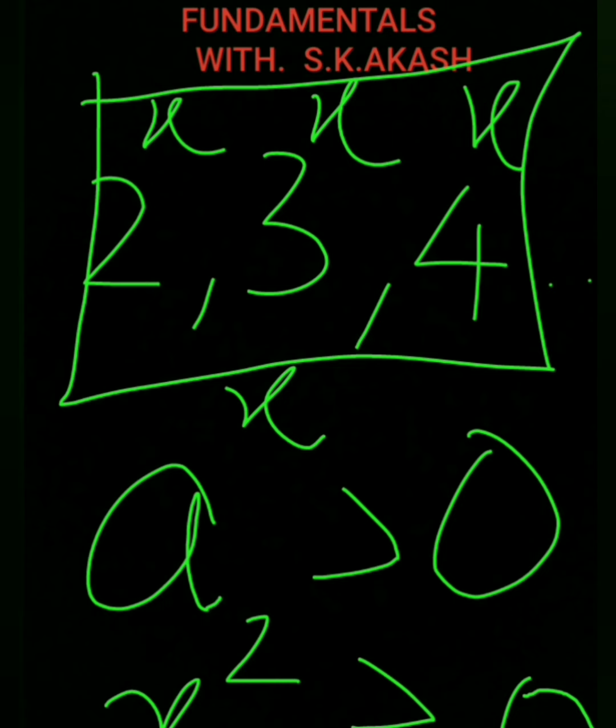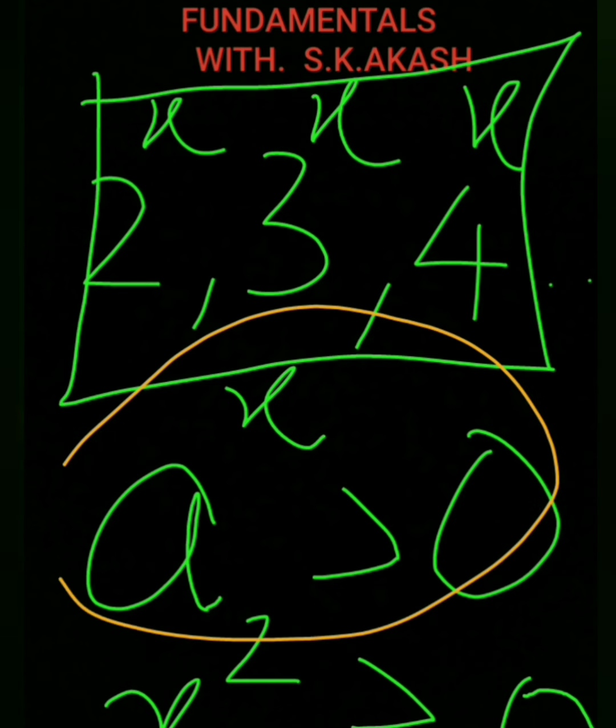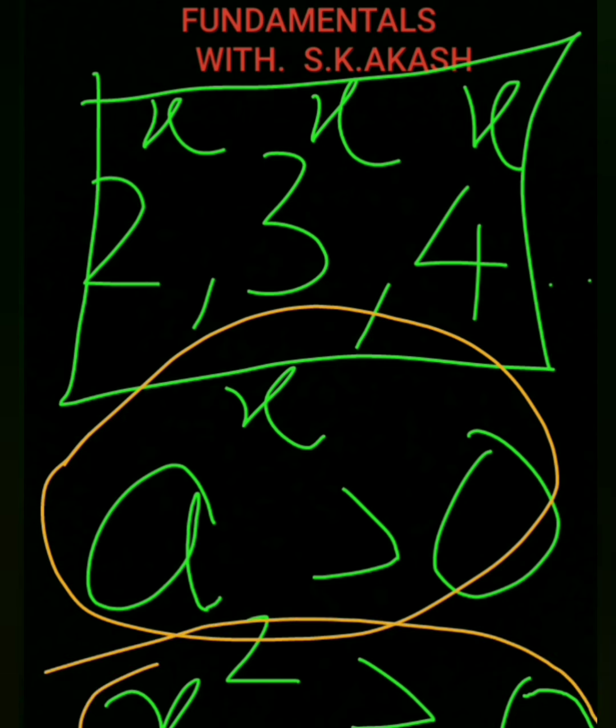If it is a to the power minus 1, it gives the value 1 by a power x, which doesn't give any physical meaning here. So a to the power x is strictly greater than 0, and if it is x to the power 2 or 4, an exponent that is an even power, it is greater than or equal to 0.